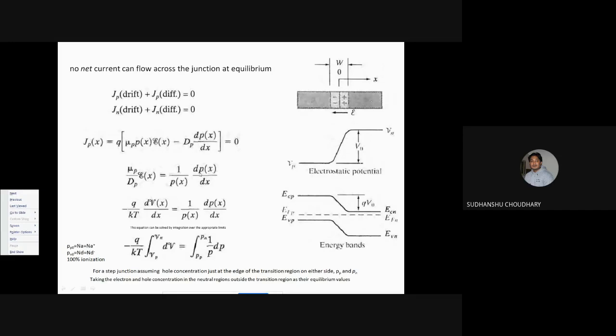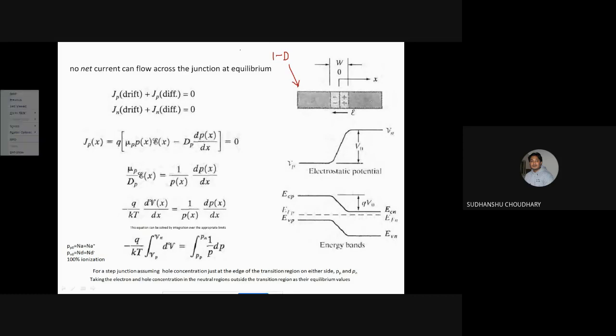Now let us also make an assumption here that this PN junction which we are considering is one dimensional. One dimensional means that it has only one significant dimension, and that significant dimension is actually the area.